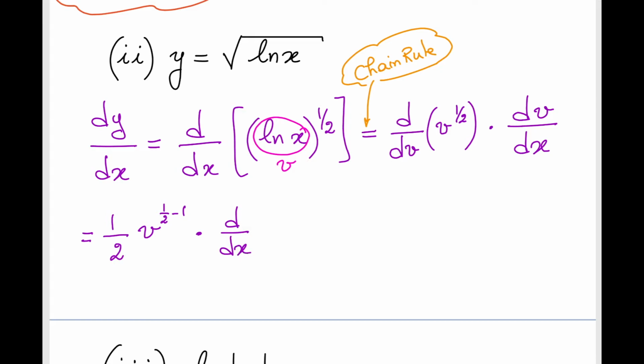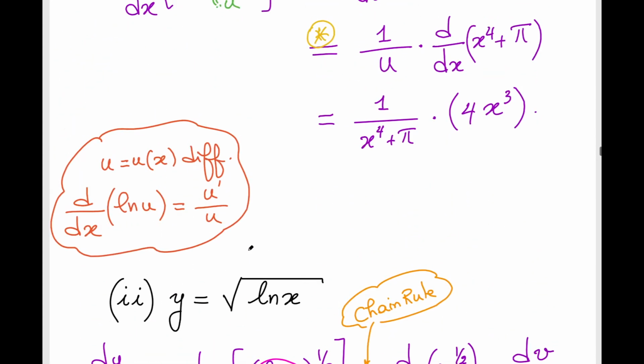And how much is v? That's the ln x function, correct? All right, what's that guy? Well, v is ln x, and 1/2 minus 1 is negative half. So this becomes ln x to the power negative half, times the derivative of ln of x with respect to x.